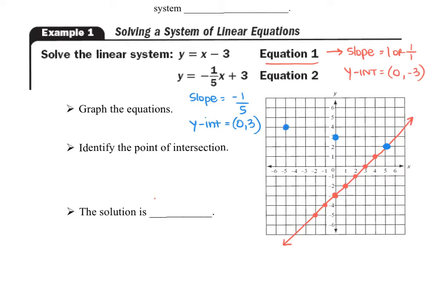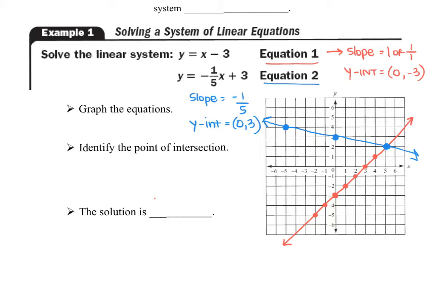All right, and now I'm going to make a line through those points. And I have graphed equation 2, and every point on that blue line is a solution to equation 2.